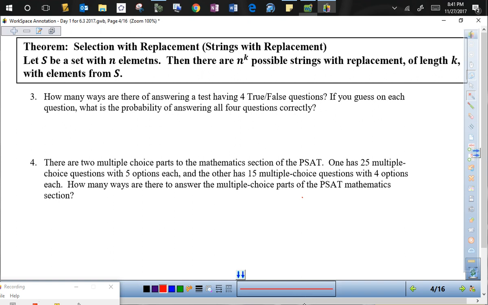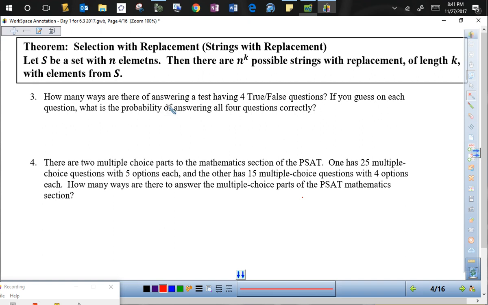If we are dealing with selection with replacement, where we choose something but then place that choice back in before choosing another one, then there are n to the k possible strings of length k with elements from S. That's really confusing the way it's written right now, so we're going to look at an example to make sense of what that theorem is actually saying.